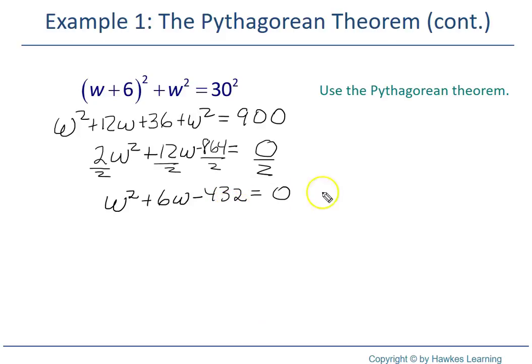Now, interestingly, all of these problems we're going to be looking at can be factored. And you can also use, of course, the quadratic formula, whichever you want to use. So w. Now, factors of 432 that have a difference of 6.